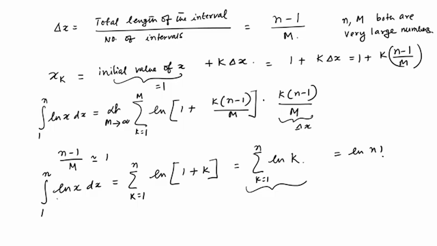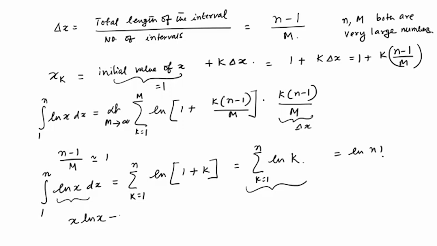So, this can now be evaluated easily by using what is called integration by parts, by taking this log as the first function and 1, because there is no other function, as the second function.